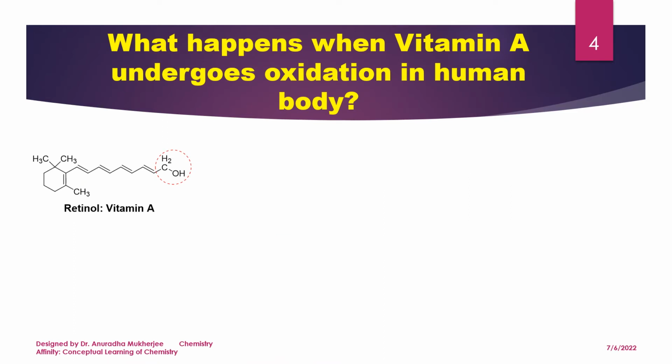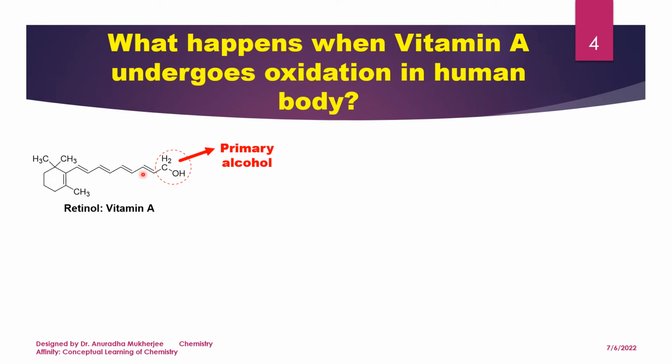Here I have taken another example, vitamin A. Vitamin A is called retinol, and here you can see vitamin A contains a functional group which is a primary alcohol. This is also an aliphatic compound because it does not contain a benzene ring.